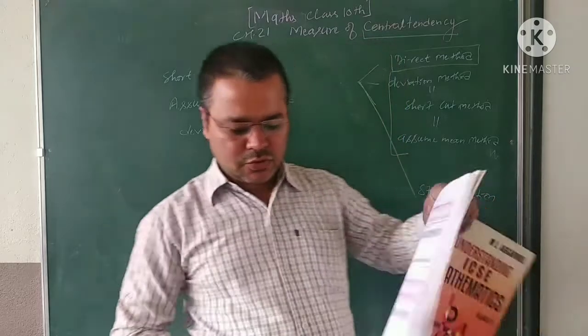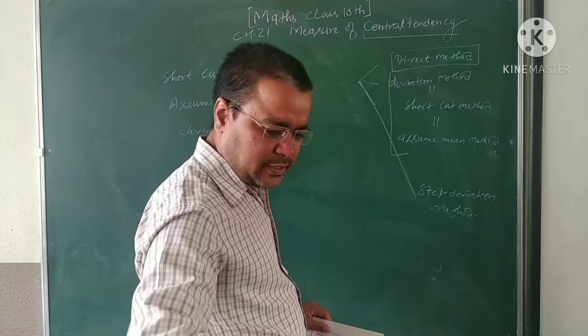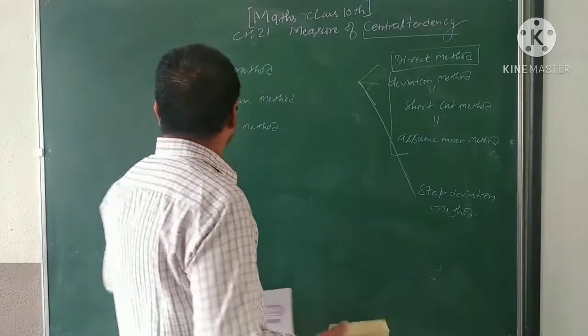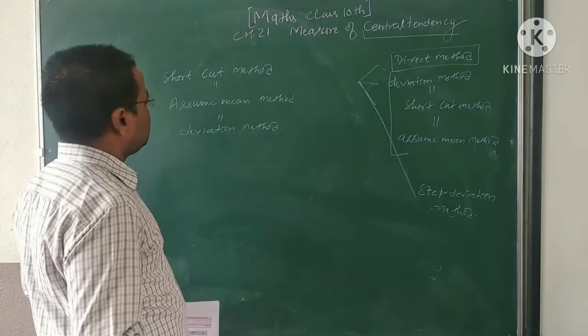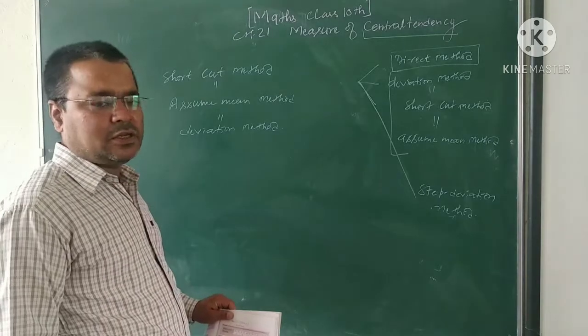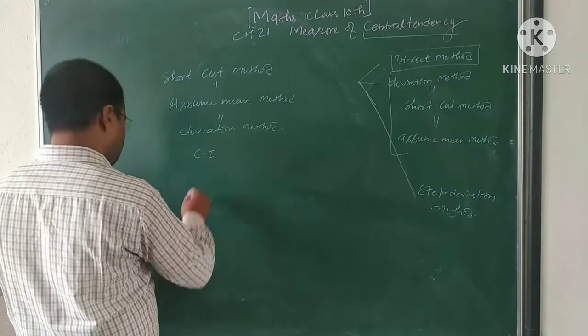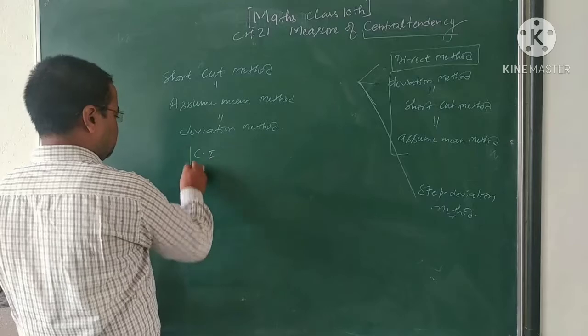Let one question be given. Here I am going to explain the shortcut method, also known as the assumed mean method or deviation method, using one question. Here class intervals and corresponding frequencies are given. That is the question.